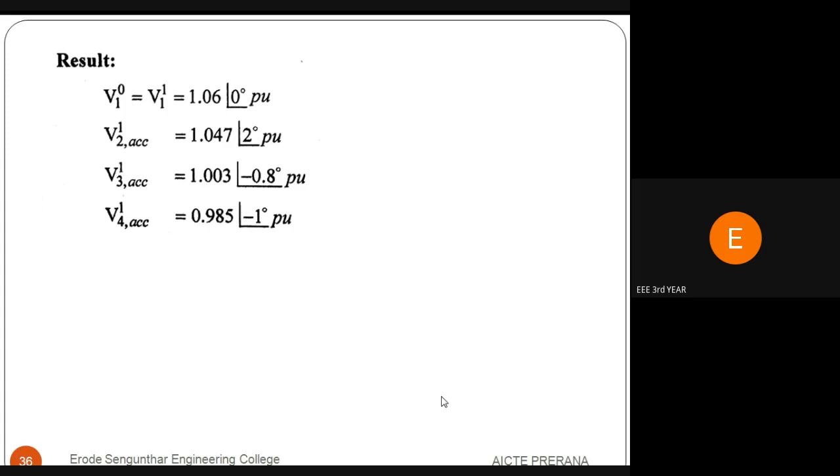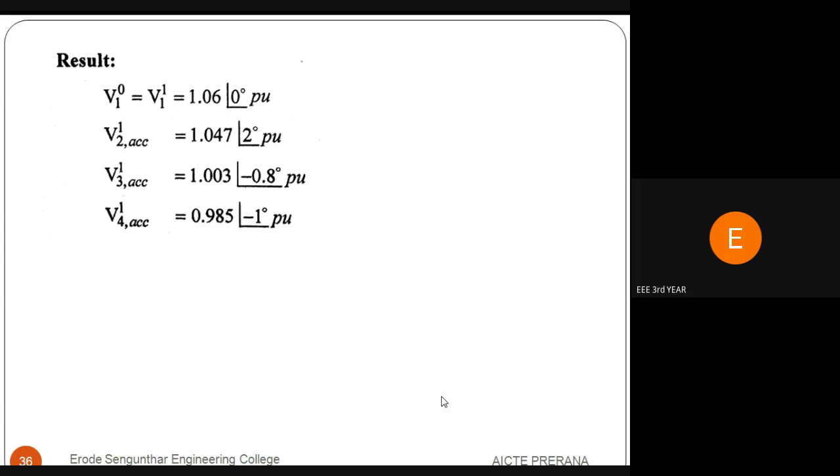From this, we can write the result as V1 dash is equal to 1.04 at angle 0, V2 new is equal to 1.047 at an angle 2, V3 new is equal to 1.003 at an angle minus 0.8, V4 new is equal to 0.985 at an angle minus 1.